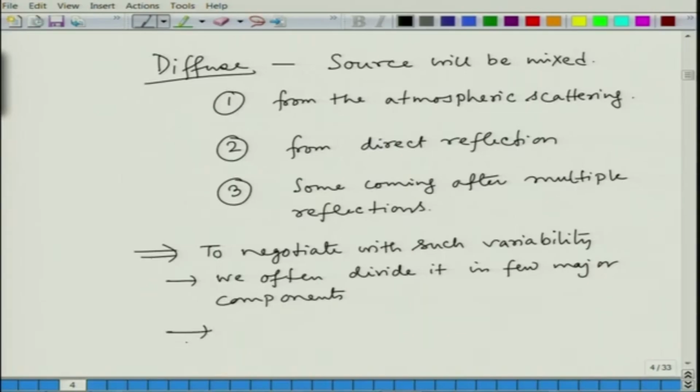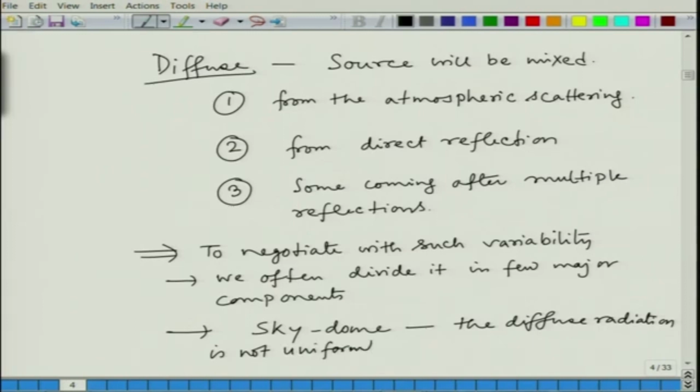So, the assumption is, or what we see is the sky dome. The diffuse radiation is not uniformly distributed throughout the sky dome. Okay. So, if it is not uniformly distributed, how can we divide it?